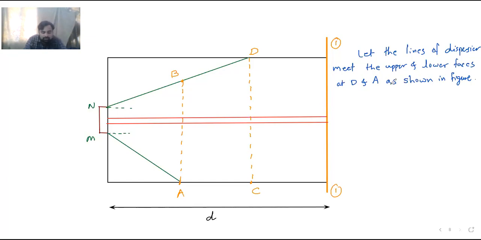The centroid of stress zones are located. So these are the stress zones. These are the different stress zones we can say, and the centroids of these stress zones are located from NM to EF.